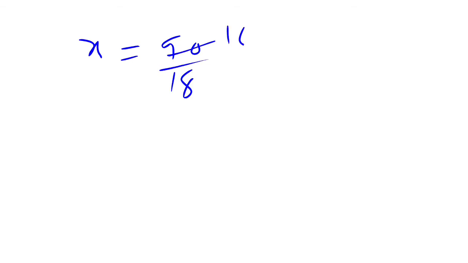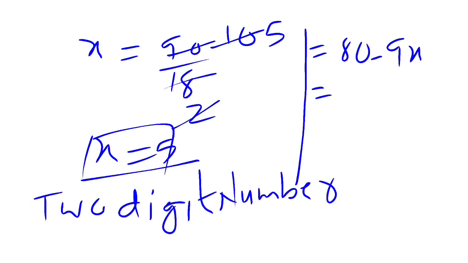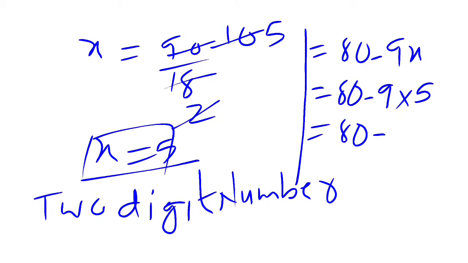So x equals 5. Let's find the required two-digit number, that is 80 minus 9x. So 80 minus 9 into 5, 9 fives are 45. 80 minus 45 is 35. So the required two-digit number is 35.